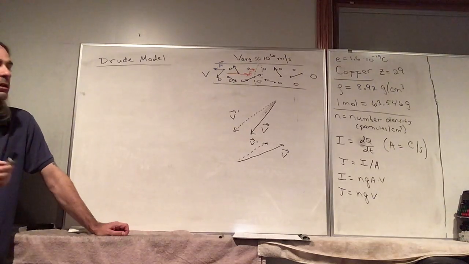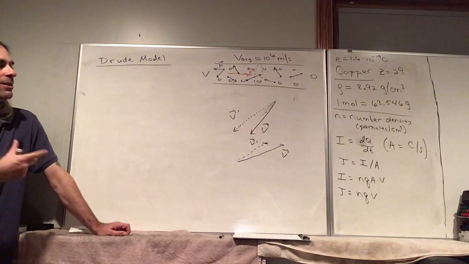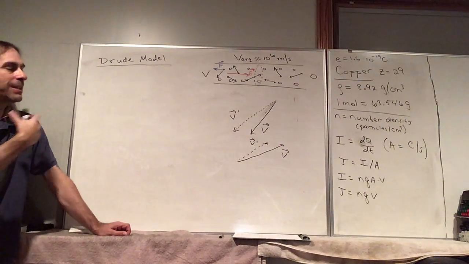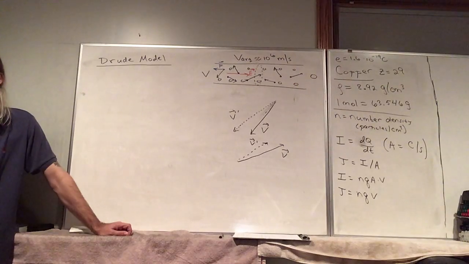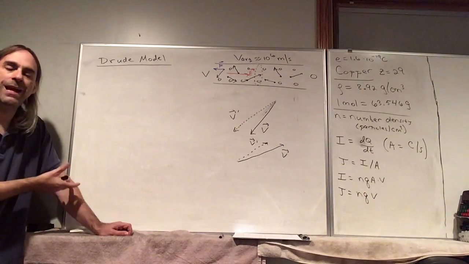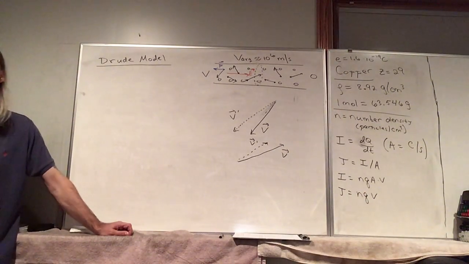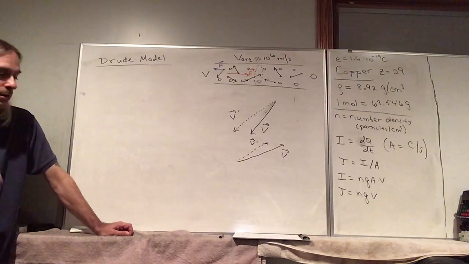It's applying a force through a distance, and so there's energy being supplied to the electrons. However, they're not really gaining energy because of these collisions. So when the electron hits the atom, it's giving that extra energy it got from the electric field to the atoms that make up the conductor.